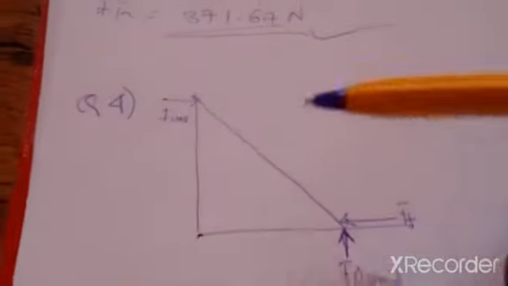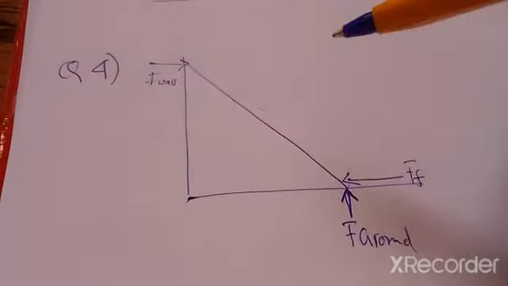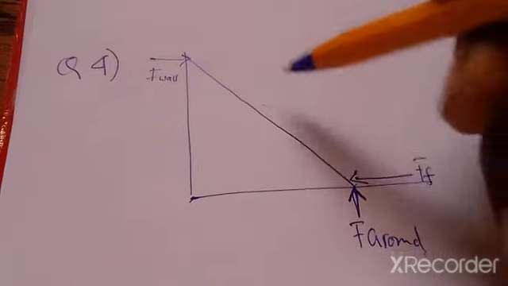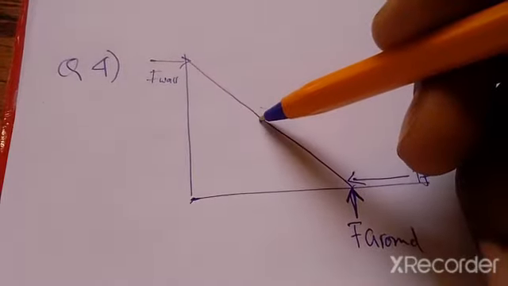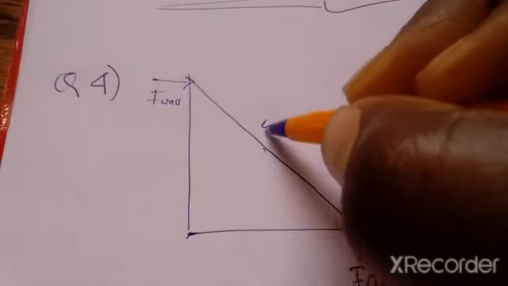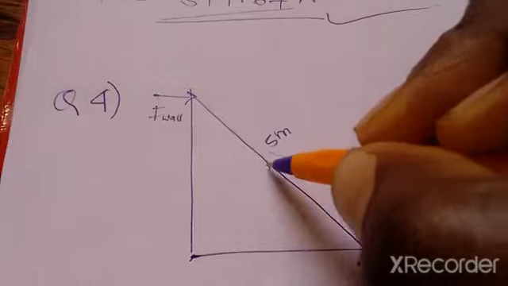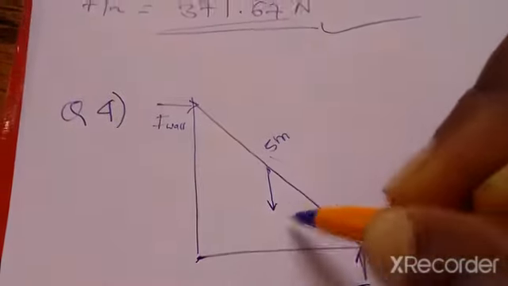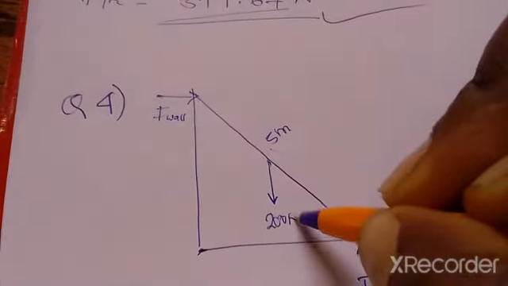Like I said in the previous example, we usually take the center of mass as the point of action of the weight of the ladder. So if this ladder is 5 meters, of course, we've been told it's 5 meters, the weight of the ladder is going to be 200 newtons.